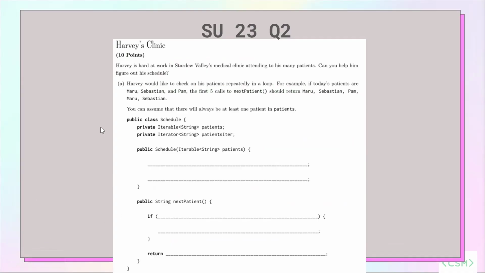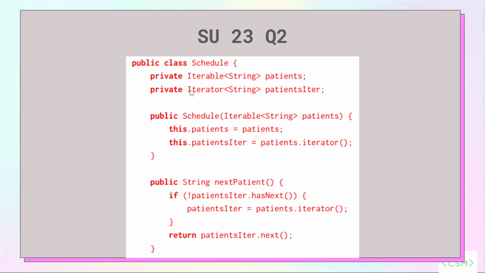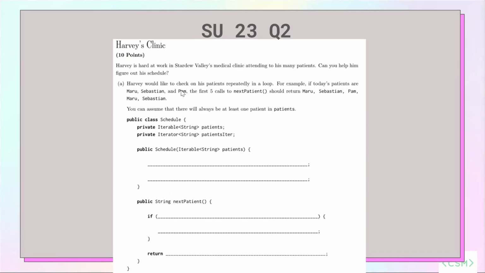Looking at the example they've given us, Maru, Sebastian, and Pam, if we put all of these in an iterable, like a list, and we call the iterator method and then call dot next, first you get Maru, then Sebastian, and then Pam. But when you call dot next again, you'll get an error because there is no next one, since you're at the end of the list.